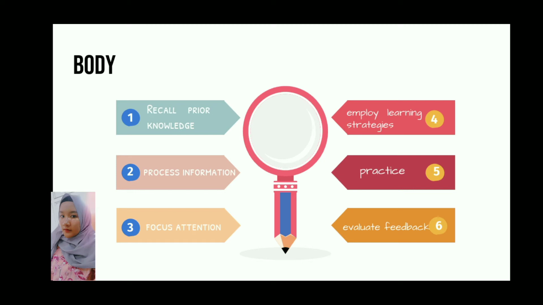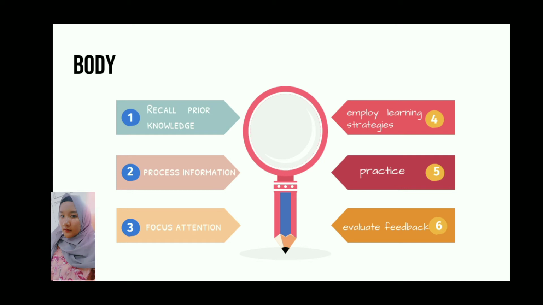The fifth is practice or elicit response. It means that learners can be given the opportunity, or they may take the opportunity to interact with the material being learned and see if they are ready to proceed to the next part of the lesson. And then the last one is evaluate feedback or provide feedback.